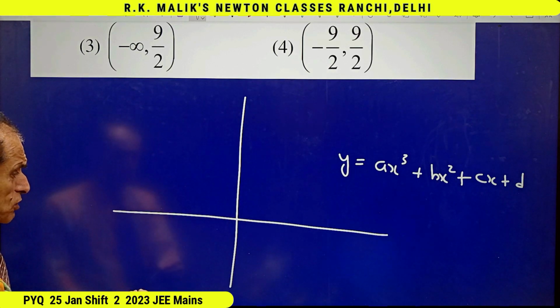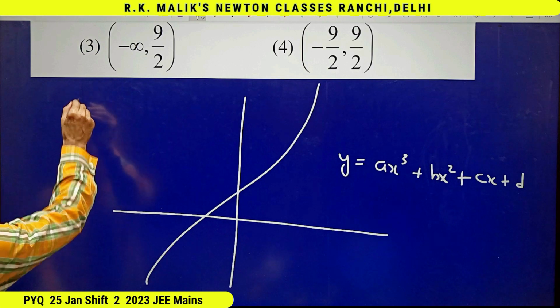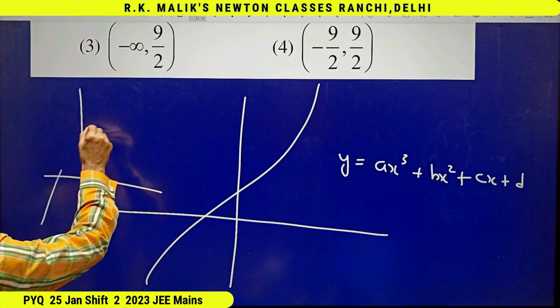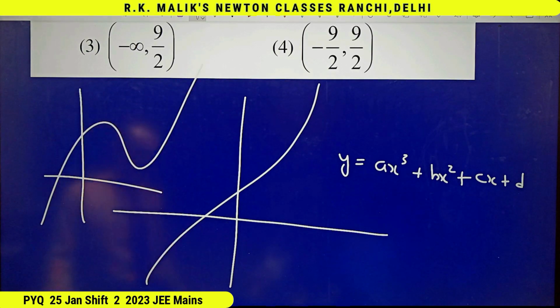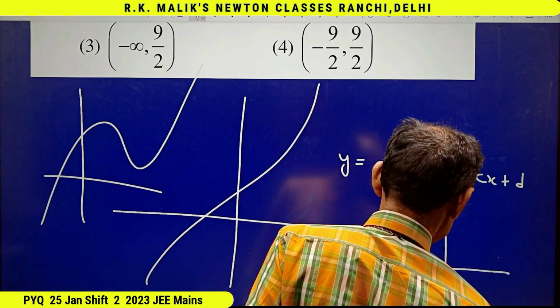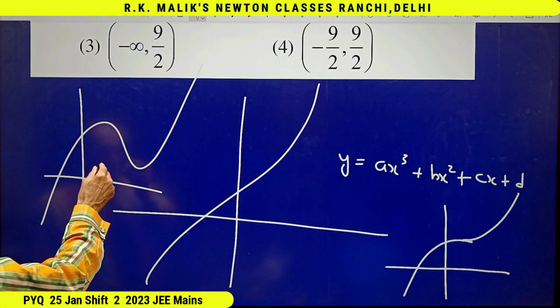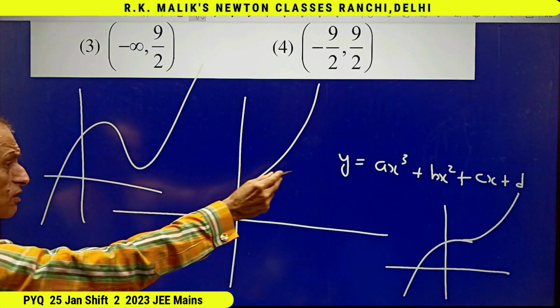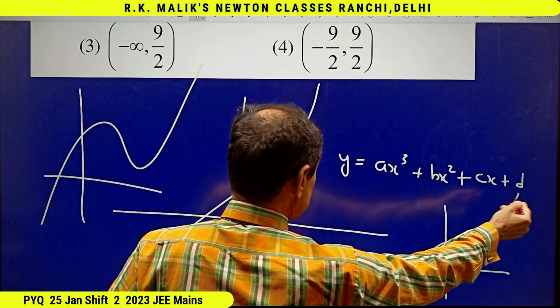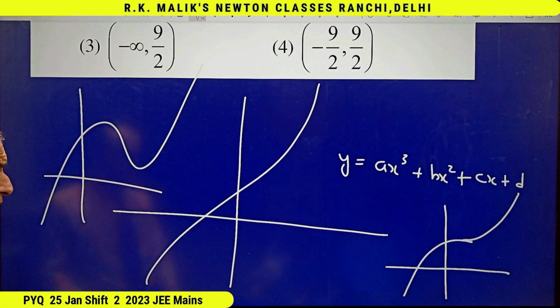if a is positive, either the graph is of this type or the graph is of this type or the graph is of this type. This will be the graph if the derivative of this has two distinct roots.